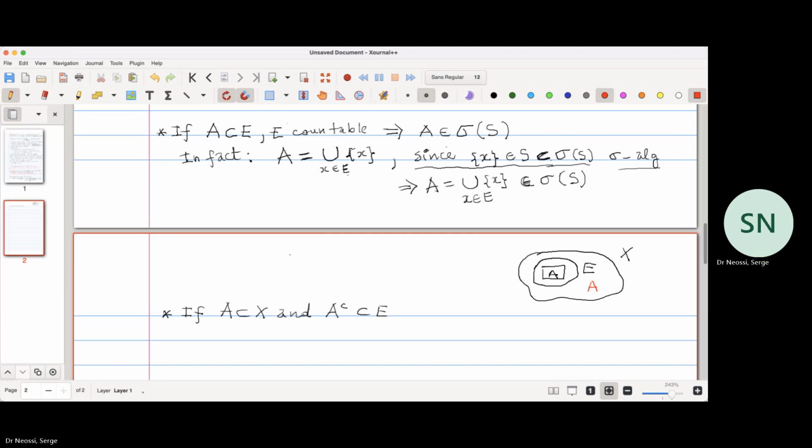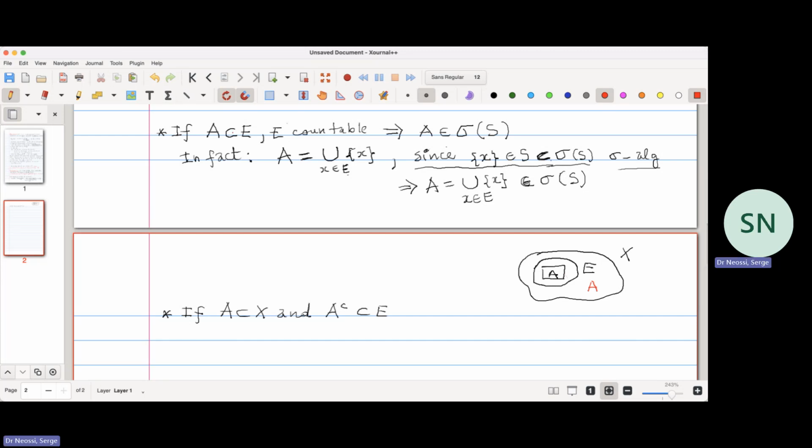Good. Now, if A complement is in E, we can repeat what we did here. If A complement is in E, it means that that same A complement is in the sigma algebra generated by S. That's exactly what we did here. Why? Because this E is countable, right?